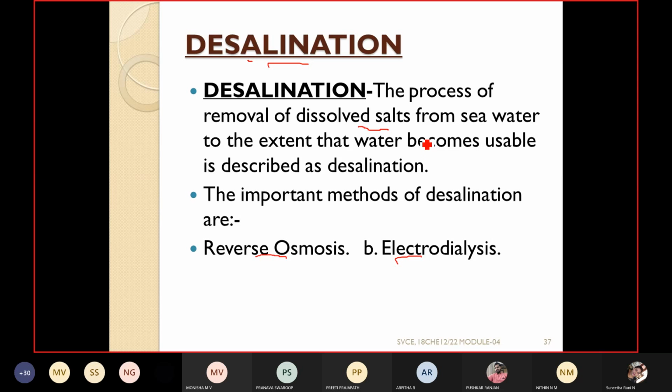We have different methods: reverse osmosis, electrodialysis, and ion exchange. We'll learn one by one how each is done to remove the dissolved salts.